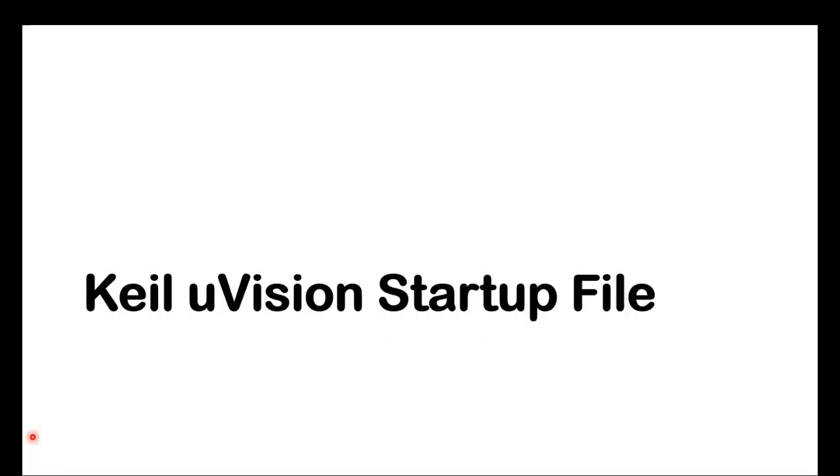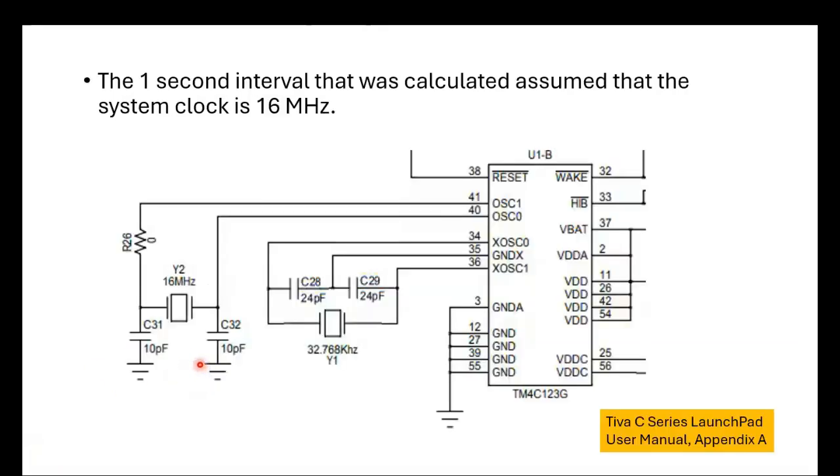The Keil Microvision startup file. Now, the 1 second interval that was calculated assumed that the system clock is 16 megahertz.